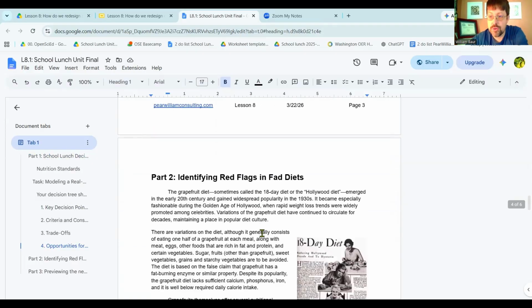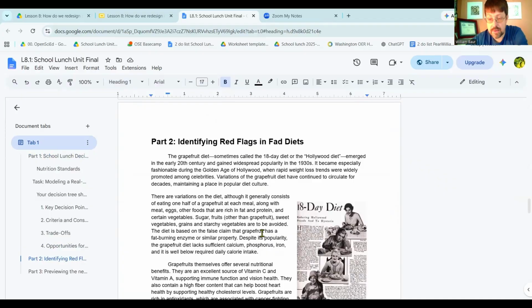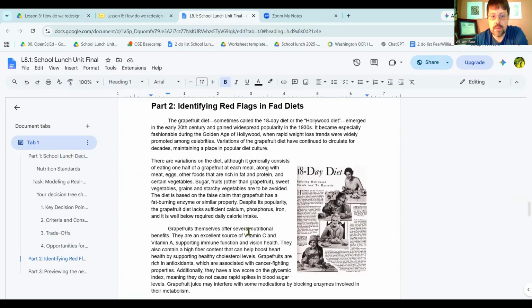Part 2, which you could hand out separately, is about identifying red flags in fad diets. The case study that we're going to look at is an old fad diet that emerged in the 1930s called the grapefruit diet or the Hollywood diet.